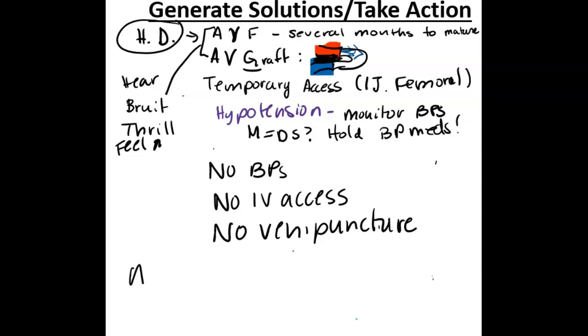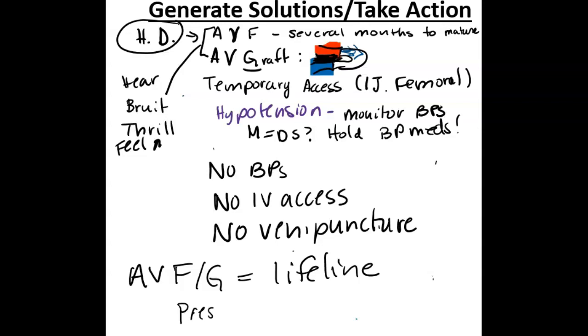Understand that the AV fistula, or the graft, is the lifeline for the patient. If a person comes back from dialysis, understand that they're using large, large needles into that AV fistula and graft. The person could bleed. And if they bleed, pressure, right? You know that.